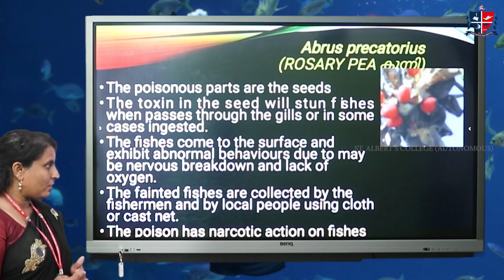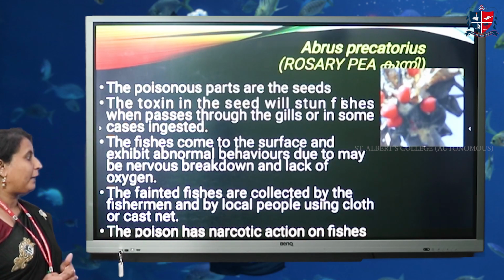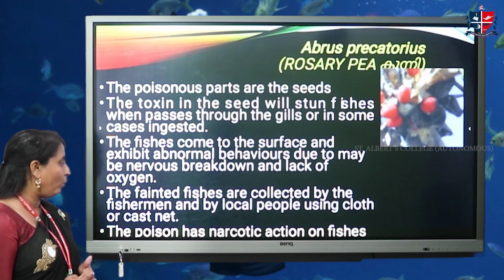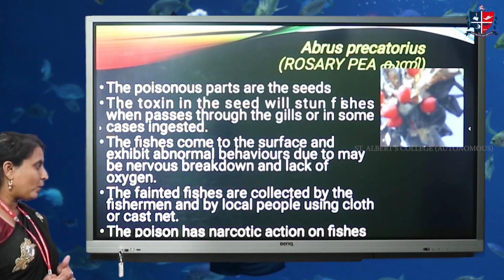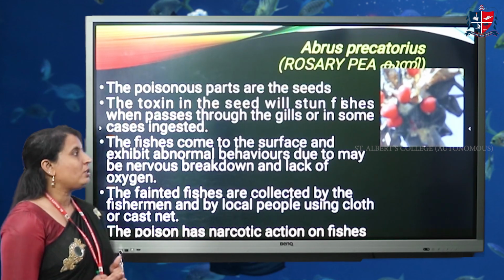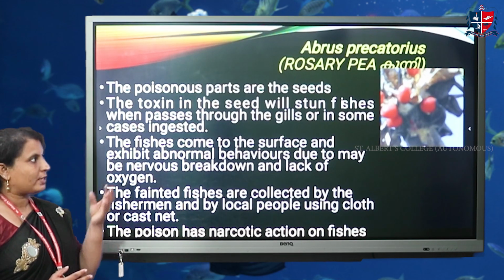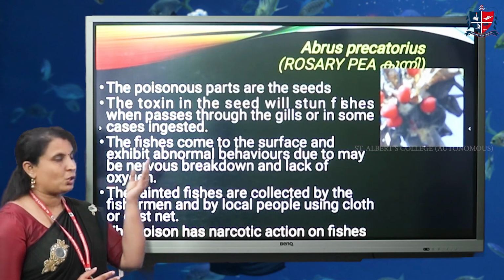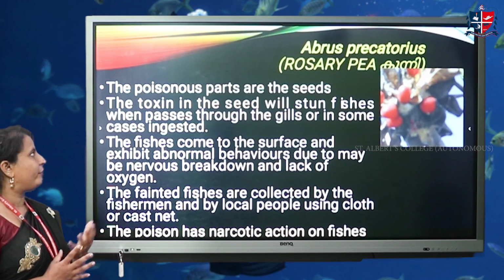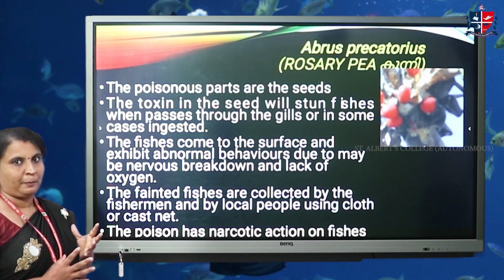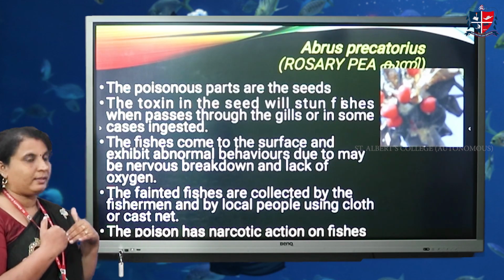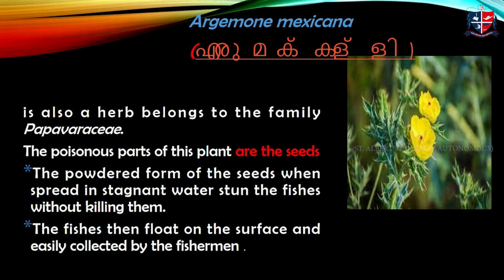The fainted fishes are collected by fishermen and local people using cloth or a cast net. The poison has a narcotic action on fishes, stunning them as it passes through the digestive system or is inhaled.